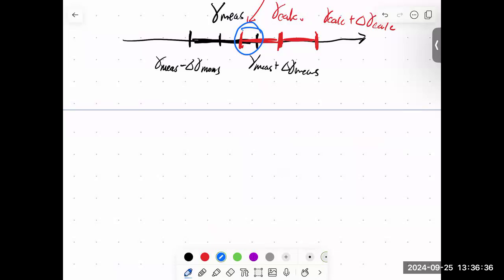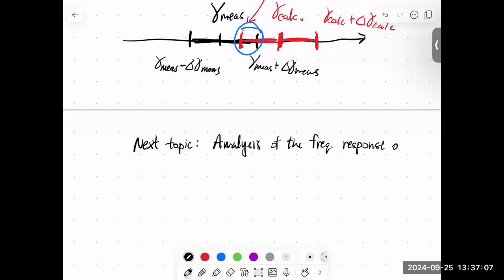Okay, so good. So we have about 15 minutes left, and so what I want to do is start the next topic. The next topic will be an analysis of the frequency response of an RC circuit.